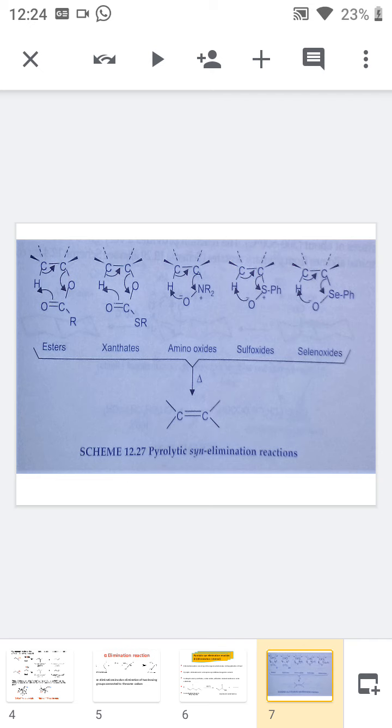So thus a leaving group like RC=O minus is eliminated, and the final product, an alkene, is obtained.